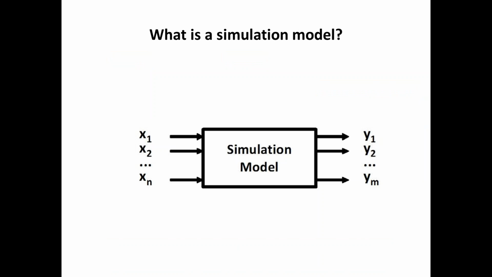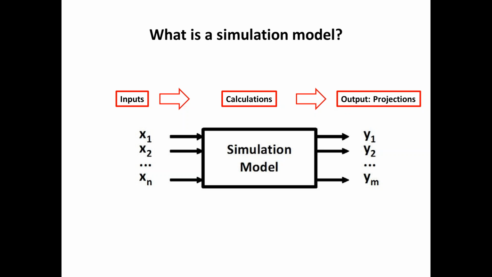So the Caribou Cumulative Effects Model is a simulation model, and I'd like to spend a little bit of time talking now about what a simulation is. A simulation model makes projections into the future. It takes a series of assumptions, or what we call model inputs, and runs them through a set of calculations to then produce a projection or model output of what we think the future might look like based on those input assumptions.